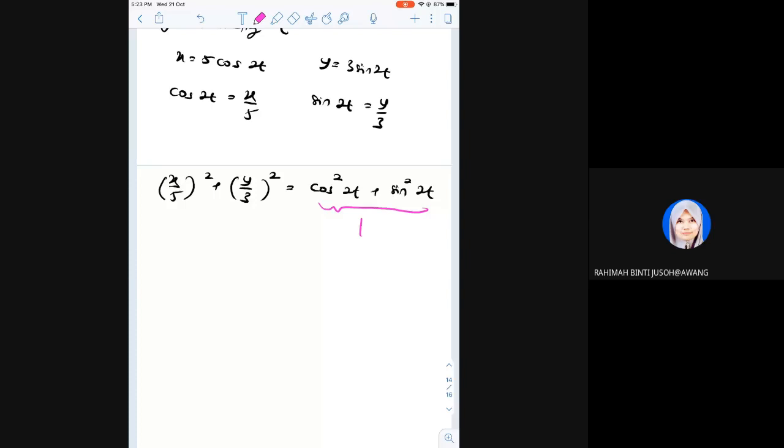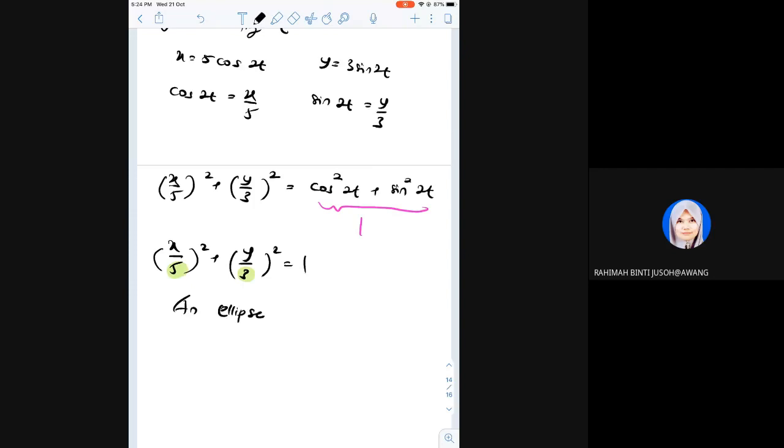Dia tetap apply the trigonometric identity. So this is equivalent to 1. So our equation will be like this. X over 5 squared plus y over 3 squared equals to 1. So now the values are not the same. Okay, 5 dengan 3. So we know that this is an ellipse.